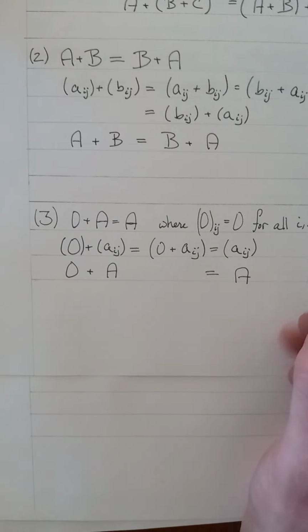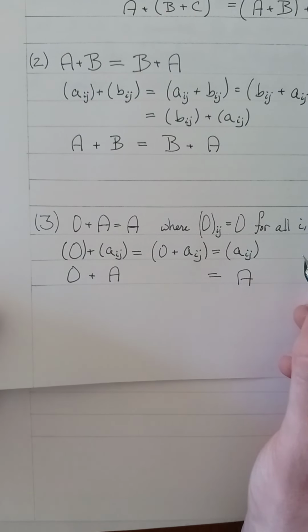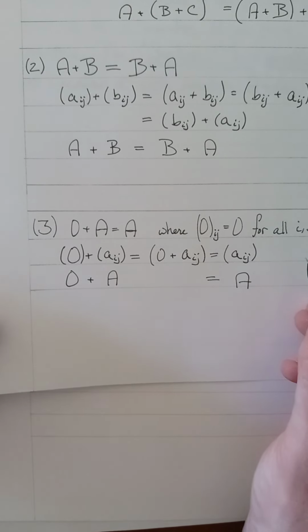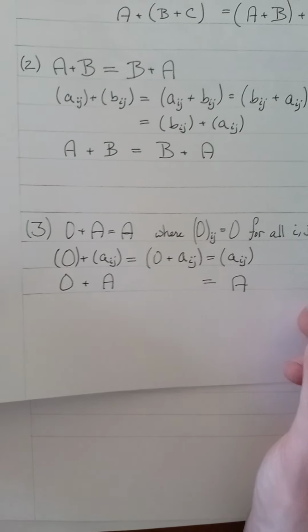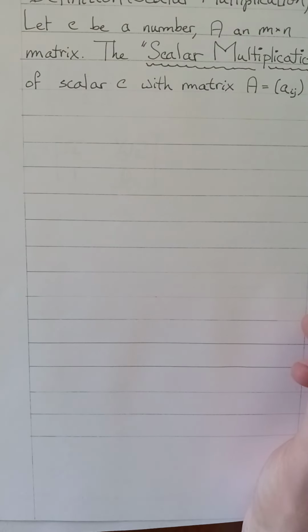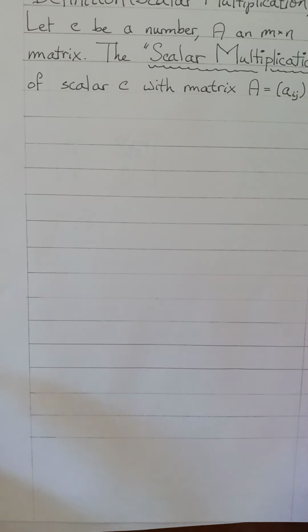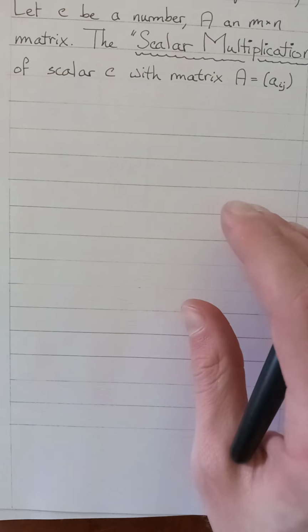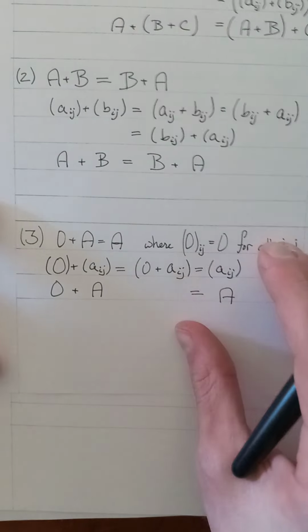So that's nice. A lot of the properties that we really take advantage of when doing arithmetic also hold for matrix addition. So that's a very nice generalization. Well, before moving on, just one last thing.